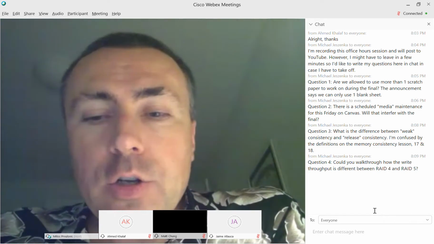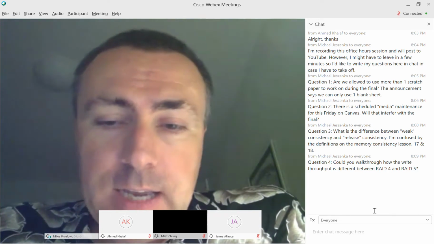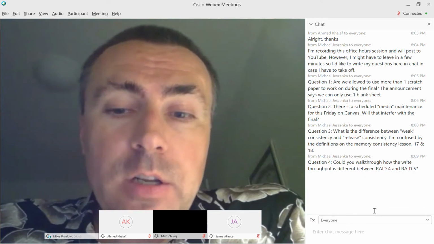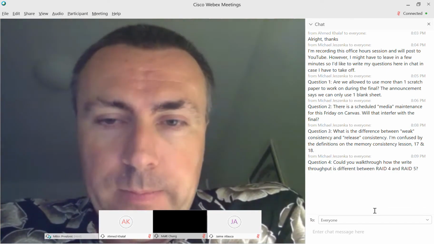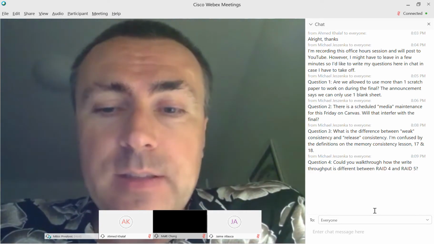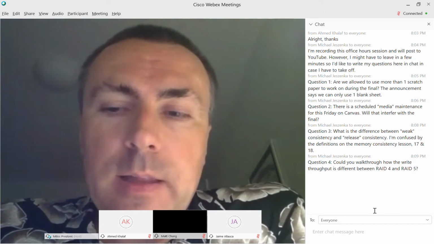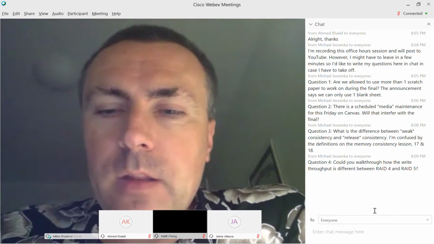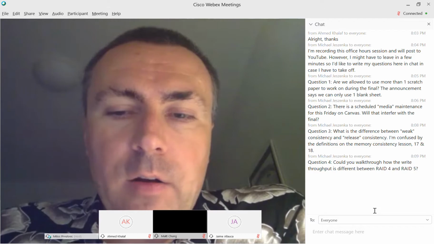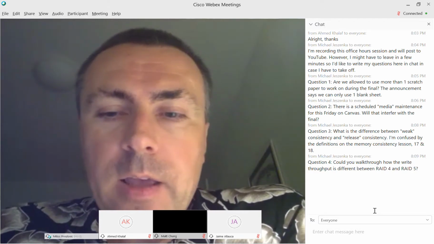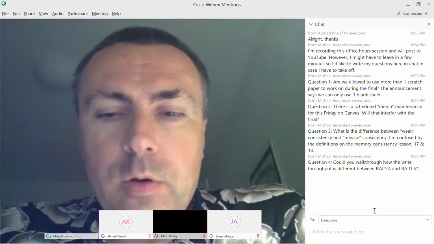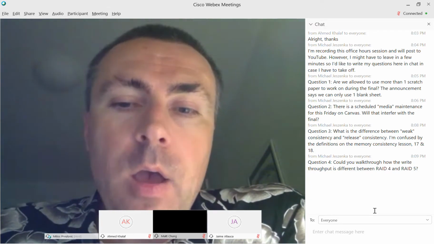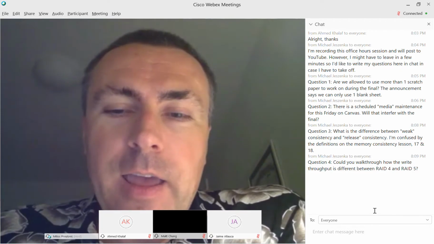So in order to do a single block write to a RAID 4 array, you need 2 reads and 2 writes. Assuming that the write and read bandwidth is the same, the latency of a write to a RAID 4 array is the latency of two accesses to a normal single disk. Why? Because you need to read the data and the parity.